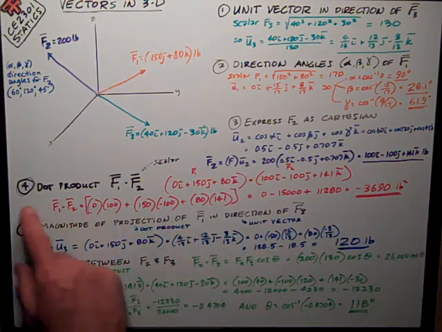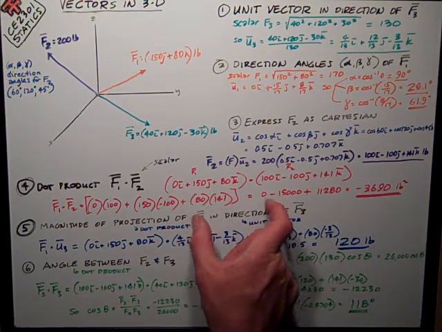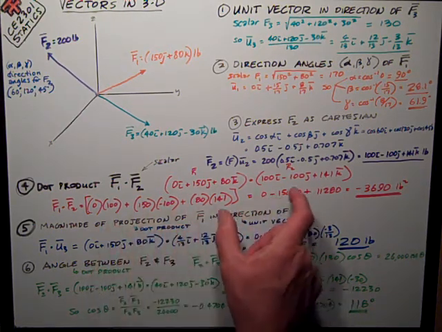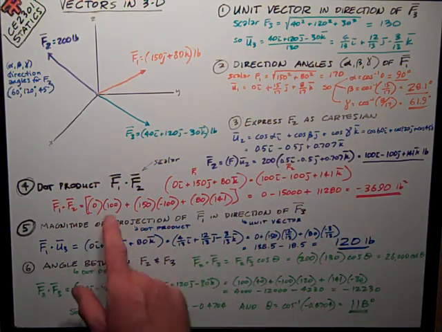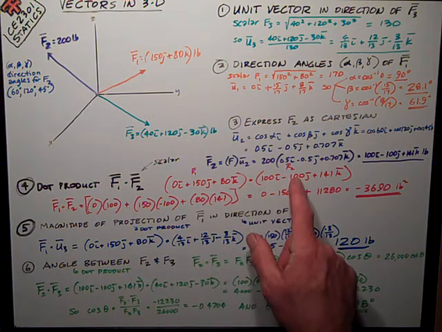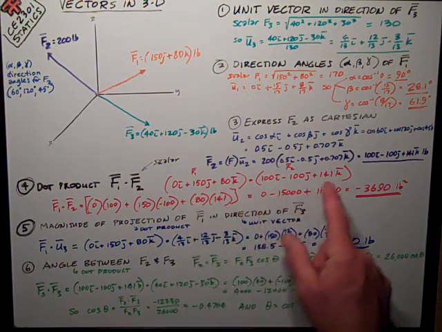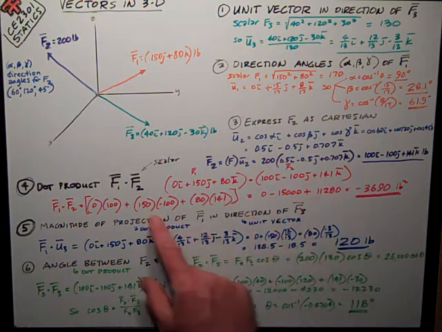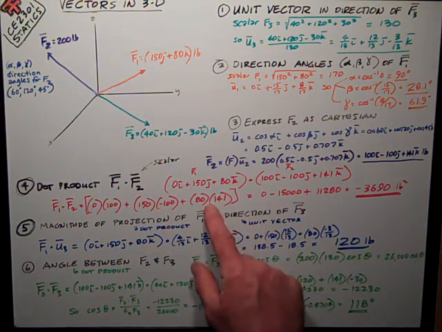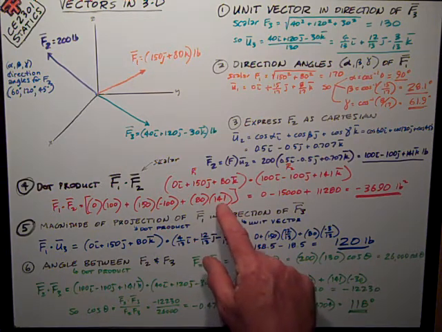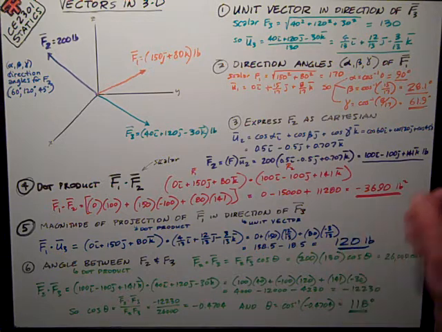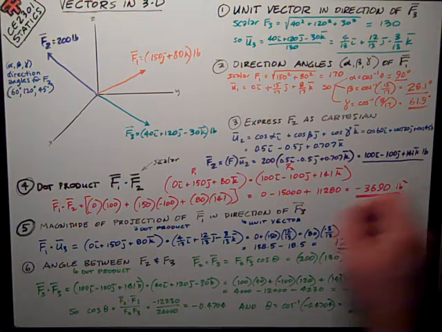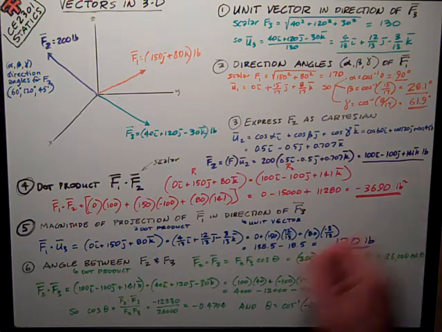Remember, in a dot product, I'm just multiplying the x components times each other, y and z components all times each other. 0 times 100, 150 times negative 100, 80 times 141. Do the math. I got a negative there. I got to keep track of my negatives. It's everything with respect to its sign. It's negative 3690 pounds squared. That shows what an abstract thing dot product is. What is a pound squared?